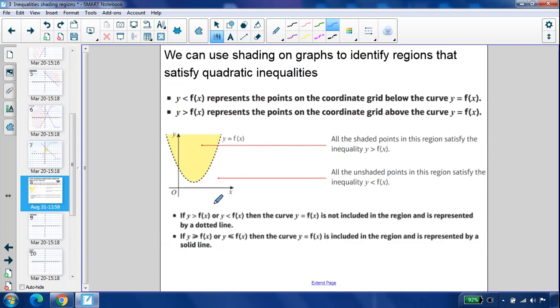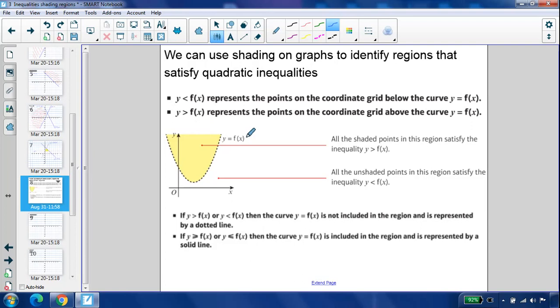So, what happens if we are looking at quadratic inequalities? Well, we can use shading on graphs to identify regions that satisfy quadratic inequalities. So y is less than f of x represents the points on the coordinate grid below the curve. So any points below this curve.